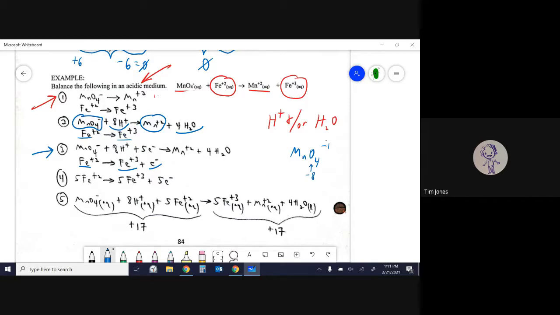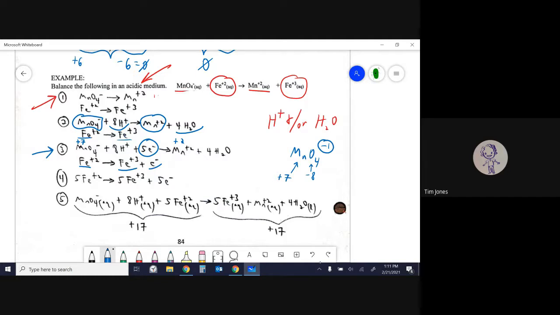We need to end with a minus 1, so that means the manganese must be plus 7. That one might take a little practice to get used to. And I like to do this when I'm doing the problems. I'll write the charge above the atom. So I'll write a plus 7 right there above that. Mn plus 2 is plus 2. Well, to go from plus 7 to plus 2, you have to gain 5 electrons. Right there.